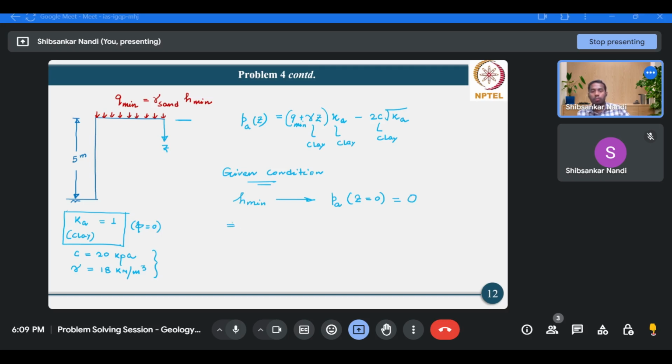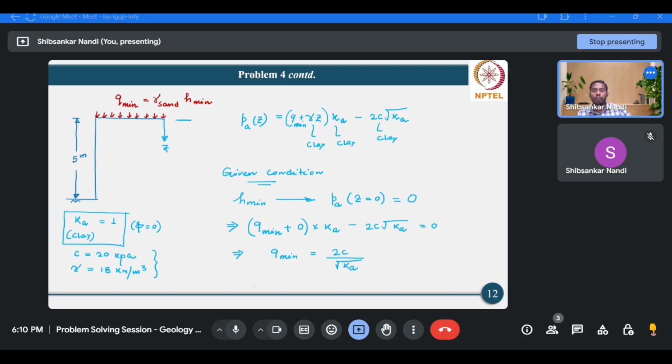So this Q minimum plus 0, because we are substituting the value for Z as 0, multiplied by K, minus 2C root K. Therefore Q minimum will be 2C.